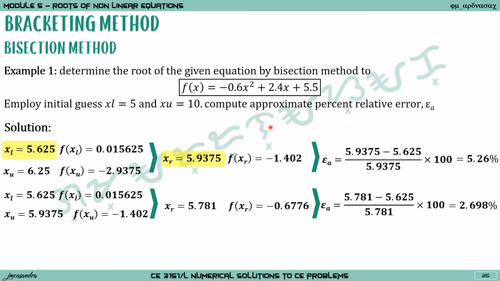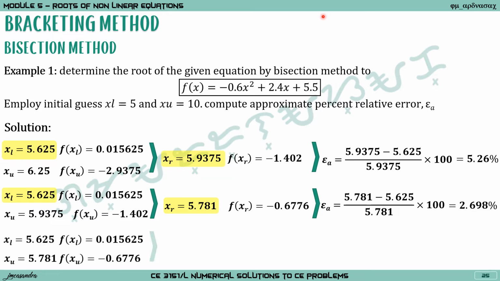So in this case, f of x r is again negative. So we have a new set of the lower and upper limits with xl 5.625, xr is 5.781. With these new limits, solve for xr again, we have 5.703.